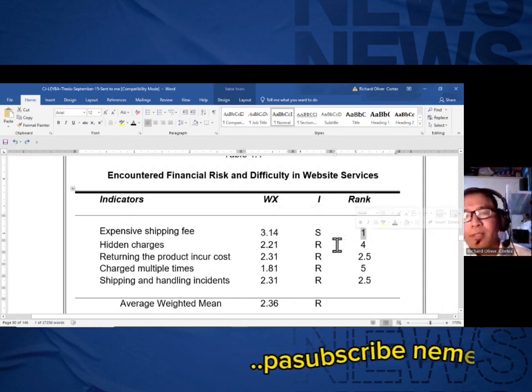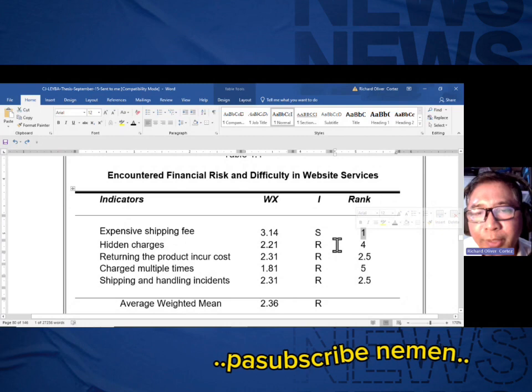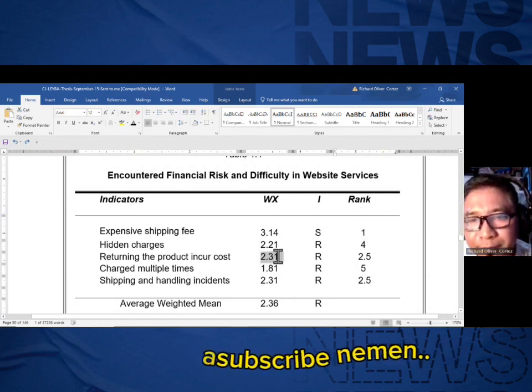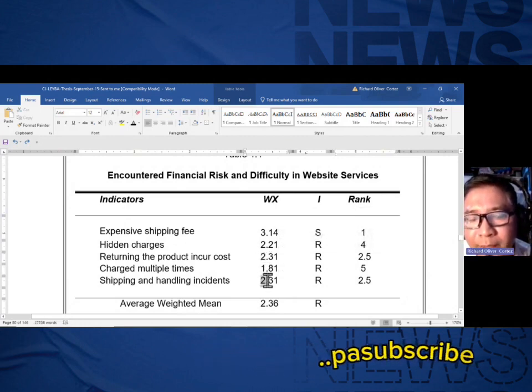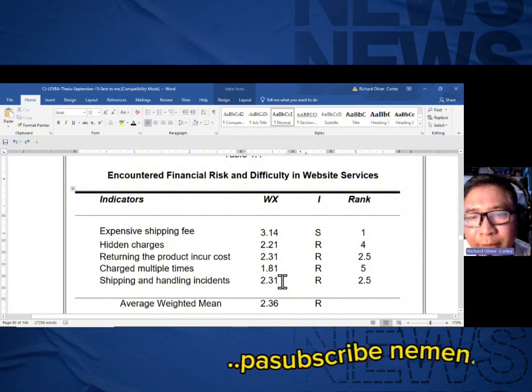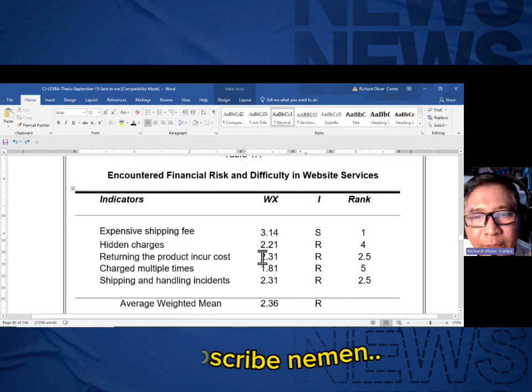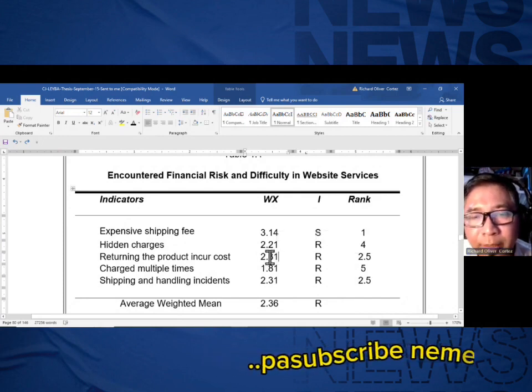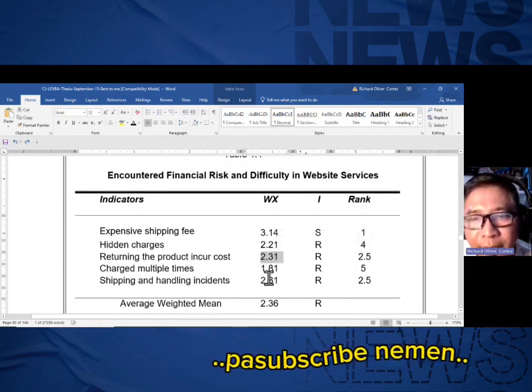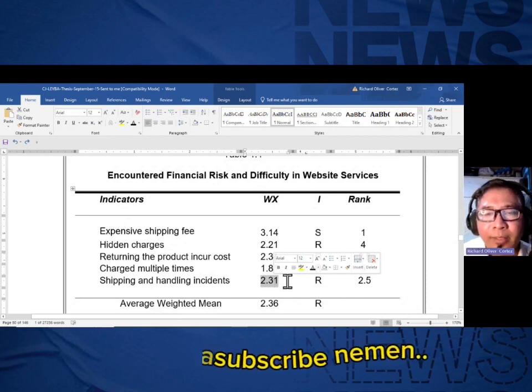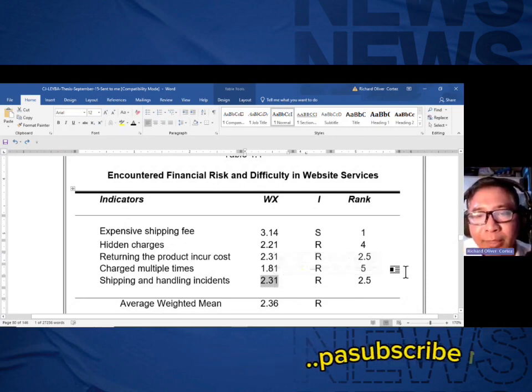Okay. Ang sumunod ay dalawang 2.31. Sa dalawa, it means the ranks 2 and 3 will be allocated to these 2 indicators. Yung ranking nila, paghahatian nila yon.